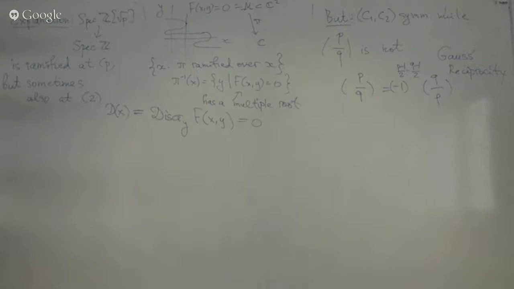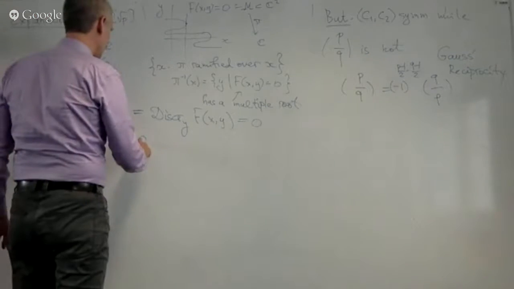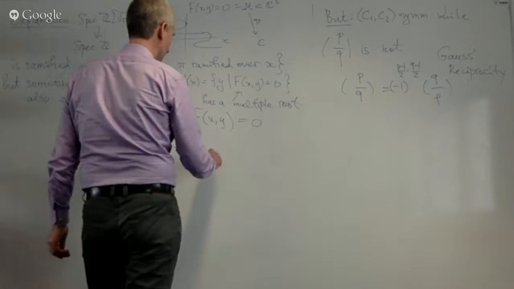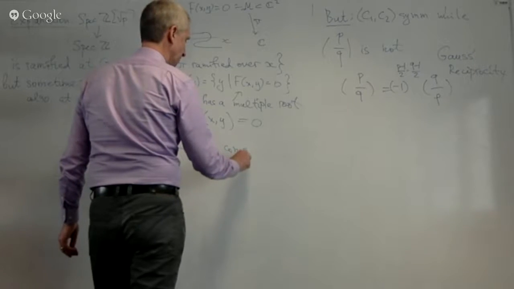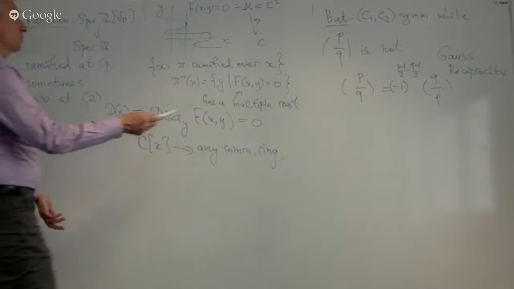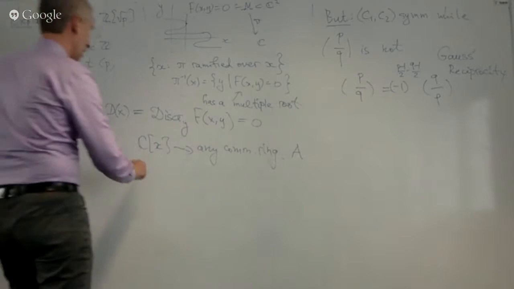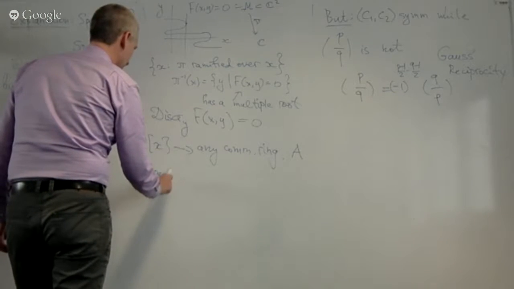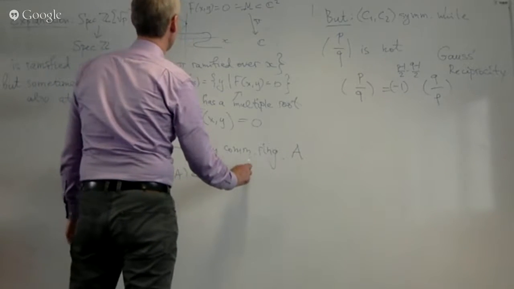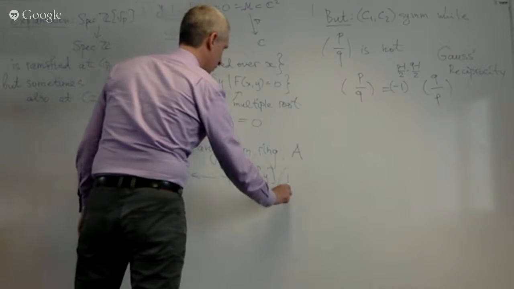Similarly, with respect to x, we can replace C of x by any commutative ring, which we call A. And then we consider spec A, and here spec A of y modulo f of y equals 0.